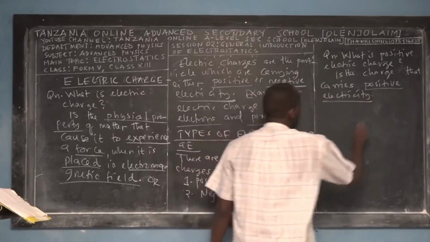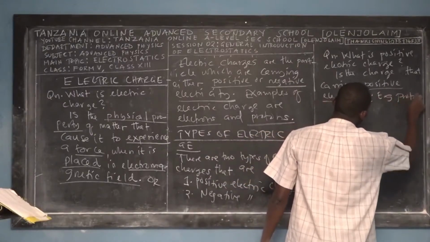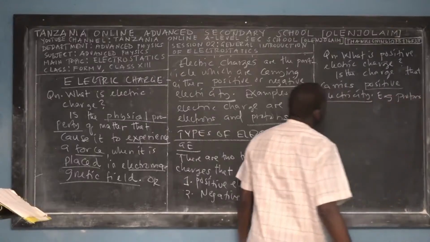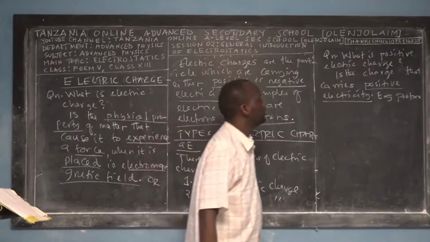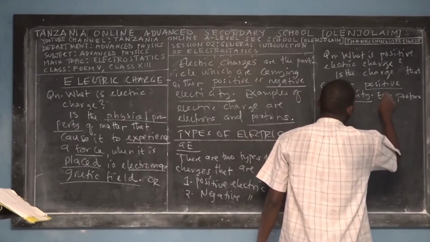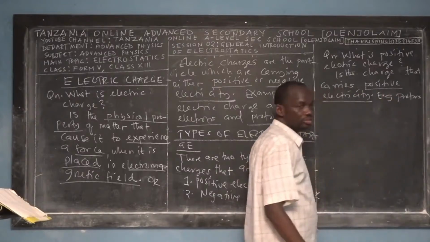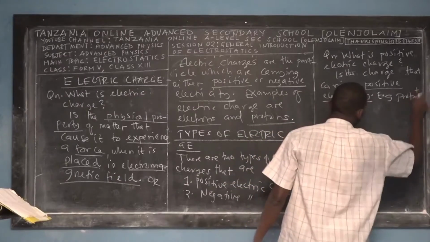So example of the positive charges are what? Protons. And these positive charges, we say that are the atoms which have more number or a large number of protons compared to electrons. Because protons, remember, this is positive charge.